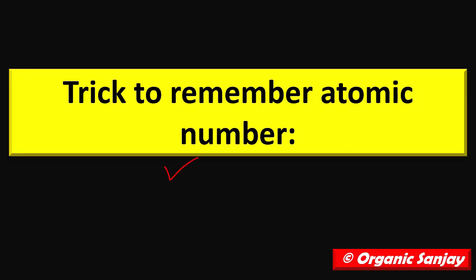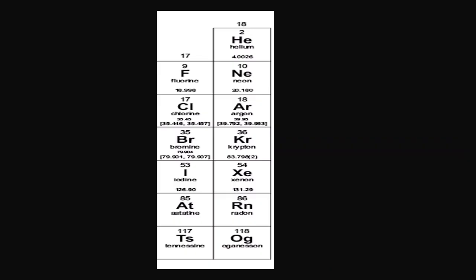Now let me teach you one trick to remember the atomic numbers of these halogen atoms. This is the picture that I have cropped from the IUPAC periodic table. Now you can see here a difference between the atomic numbers of these two elements, that is 8.